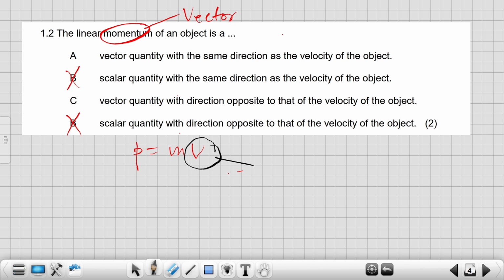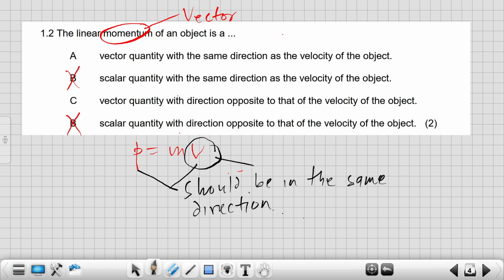So velocity and momentum should be in the same direction. That's 100%, because mass will not have any influence on the direction of momentum. So I'm looking for an answer with the same direction as the velocity of the object.